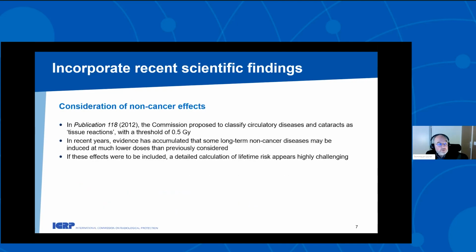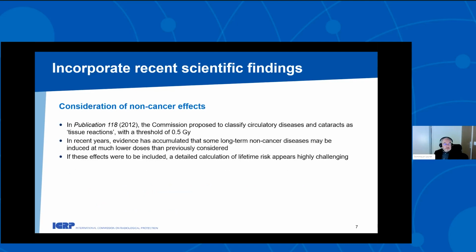The last point, I think, concerning scientific findings and knowledge about radiation-induced effects is about non-cancer effects. A complete review of deterministic effects, of tissue reactions, was performed in 2012 by the ICRP and published in Publication 118.